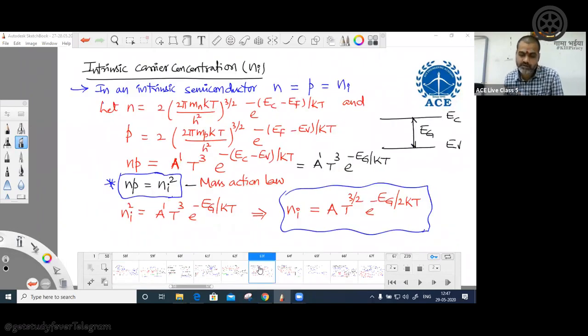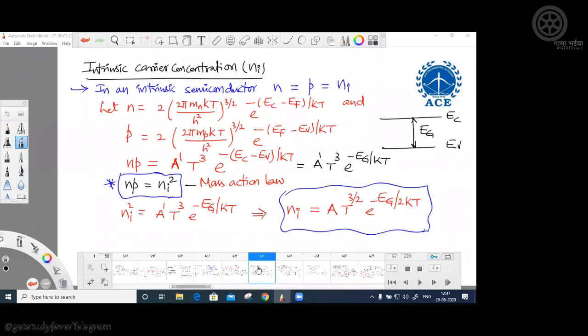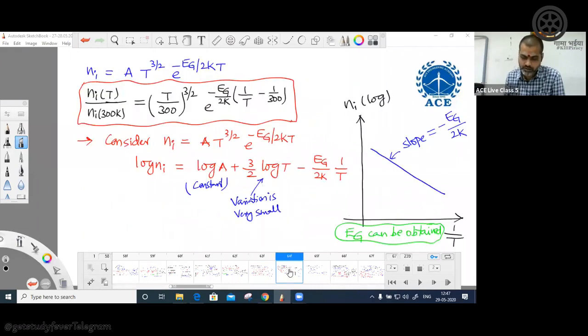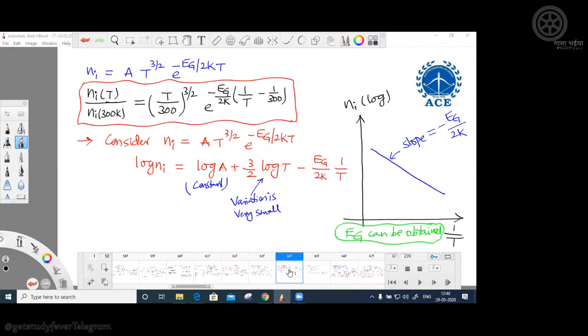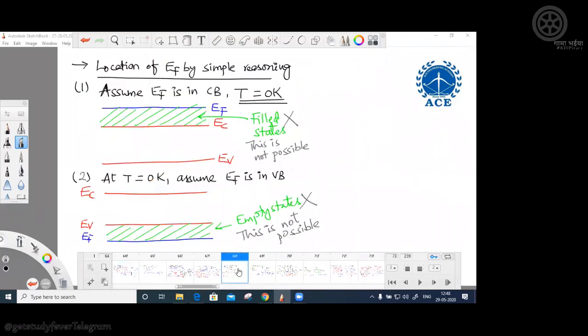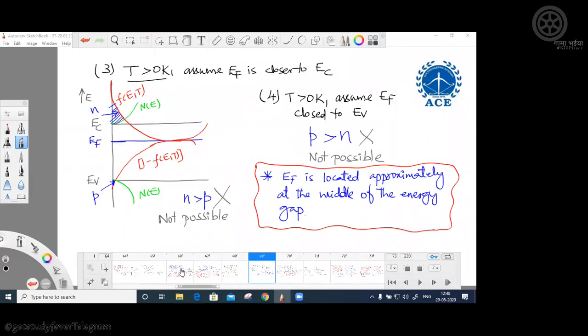We consider the energy gap between EC and EV as EG, sir. On the next page, where we concluded that when the effective mass Mn is equal to Mp, the Fermi energy level EF is half of EG, that is EG by 2.